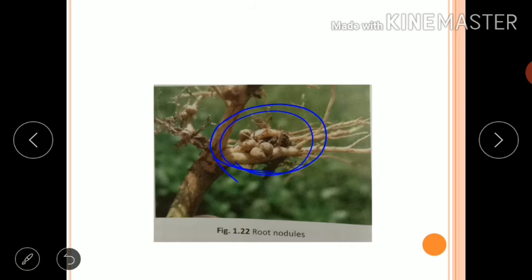The rhizobium gets water and nutrition from the plants. This kind of relationship between two organisms, which is advantageous to both, the rhizobium bacteria and the roots of peas and beans, is called symbiosis.